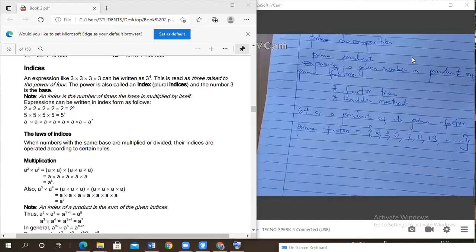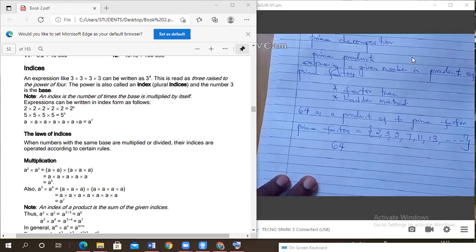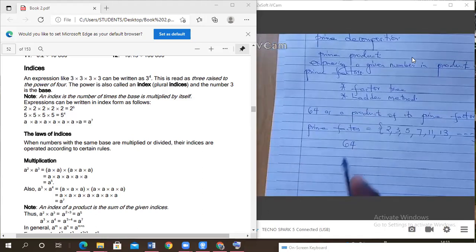So when they tell you to express 64 as a product of prime factors, it means you have to decompose. You have to reduce the number using those factors. Now when we have 64, we can use a factor tree.